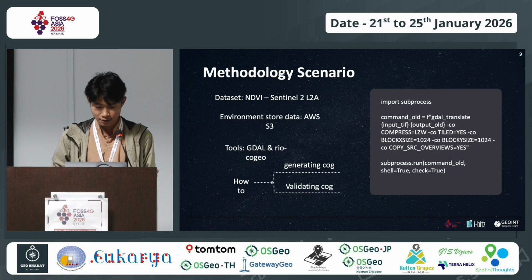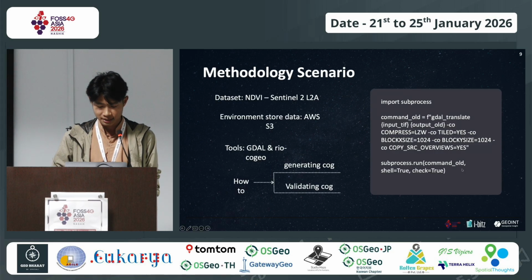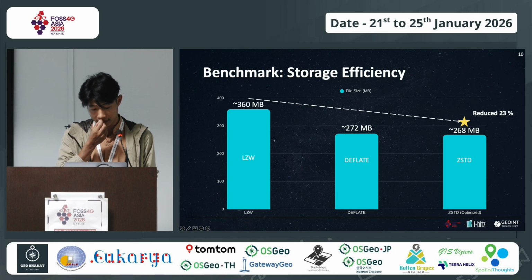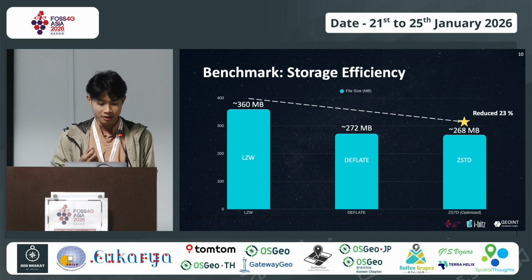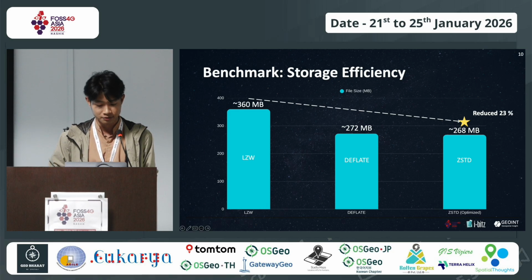So when we have the methodology and scenarios, I will run the script for each parameter. The parameters I use are compression and block size. For the first parameter, compression, by default when creating COG with GDAL it uses the LZW parameter.